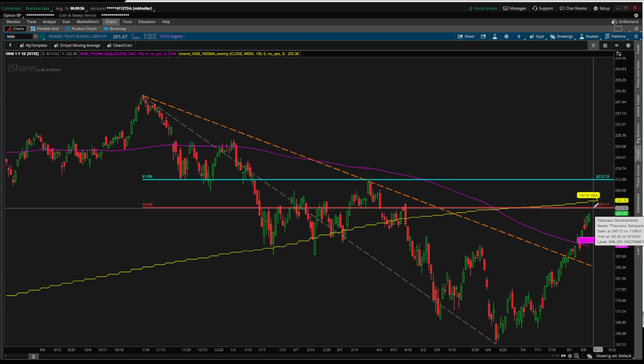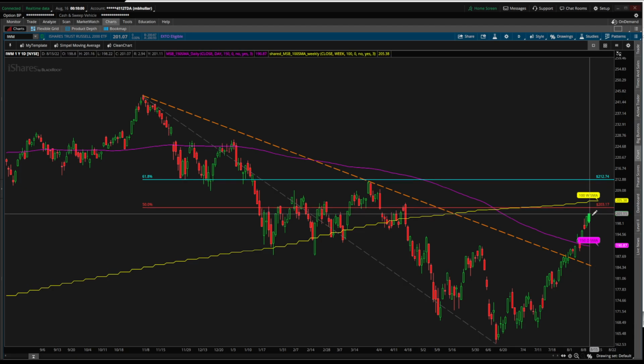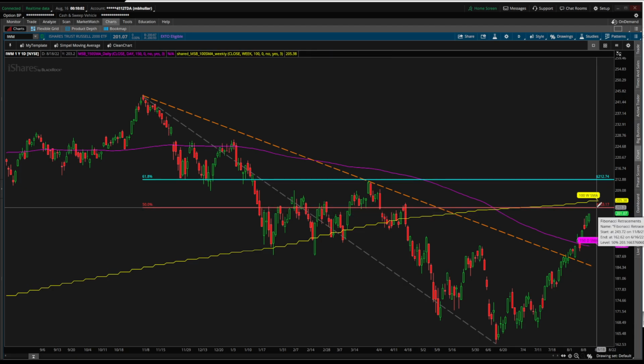These are just good levels to keep track of if you're trading. If we hit this level and start to retrace, it might be prudent to take a part of your position off, or the entire position off, depending on your style of trades.